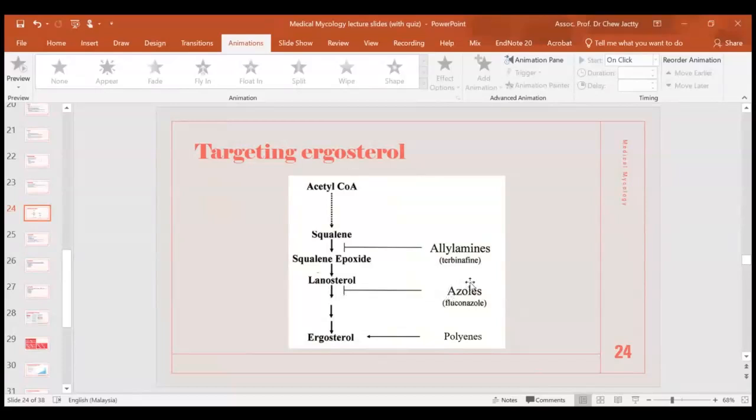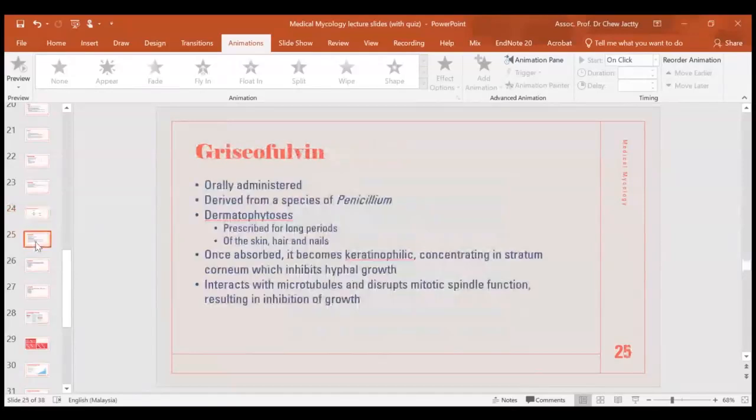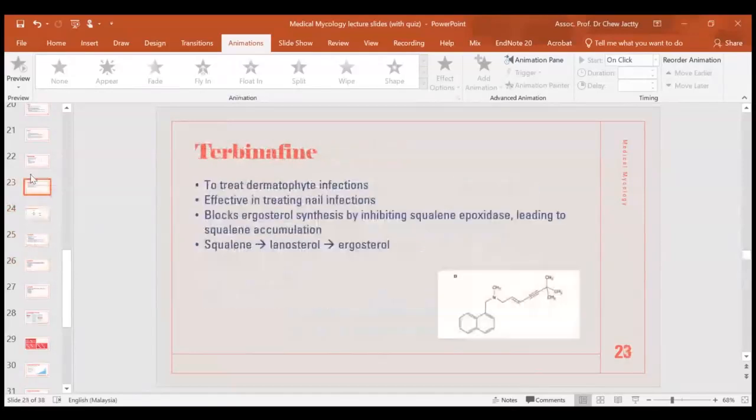We also have another group of antifungal called terbinafine. As I mentioned earlier, there are three different groups of antifungals targeting ergosterol, whether it's synthesis or binding. Terbinafine targets the earlier step of ergosterol synthesis. It binds and inhibits the squalene epoxidase enzyme.